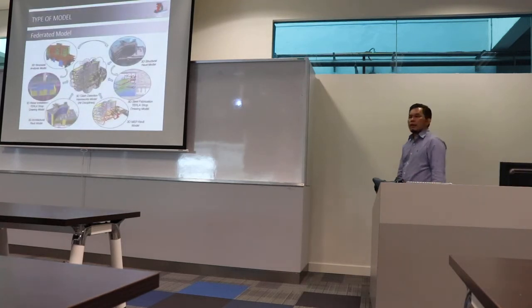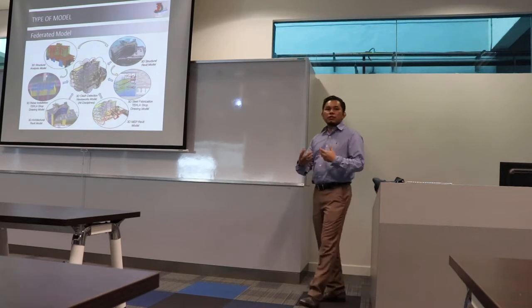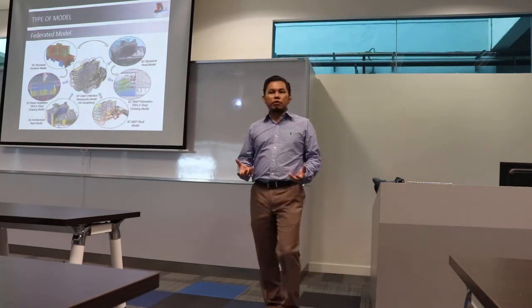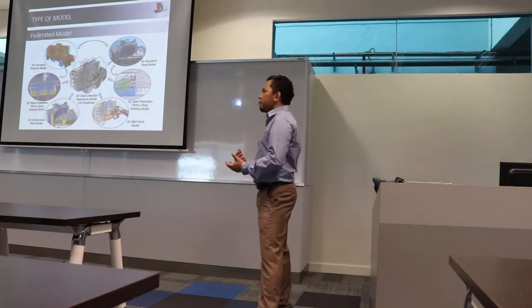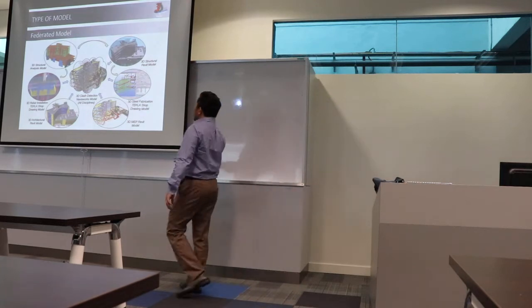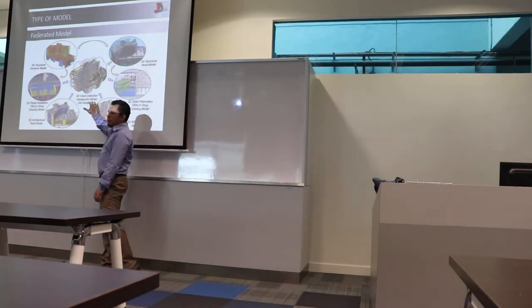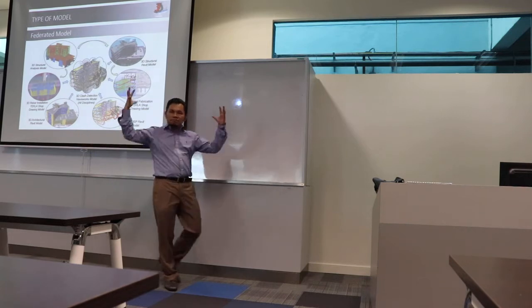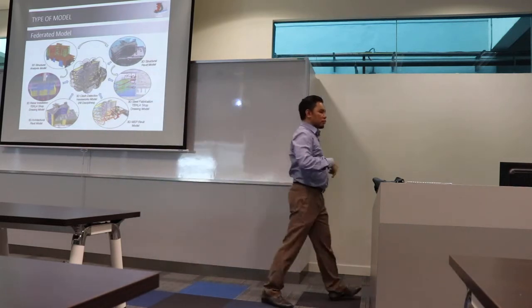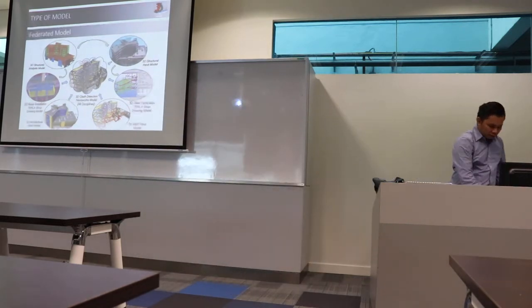Now, the other thing that will come into play for construction is what we call the federated model. When you have your model for construction, all of this will be jumbled up into one big model. That's normally the reference form.